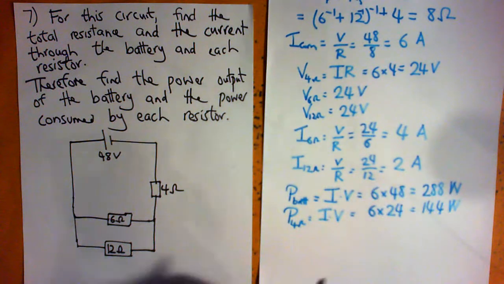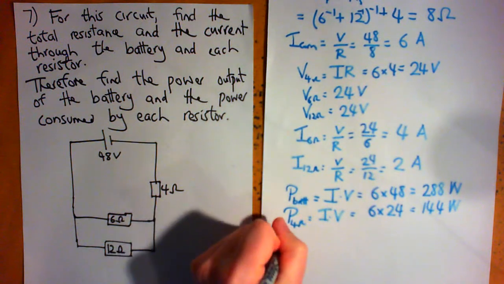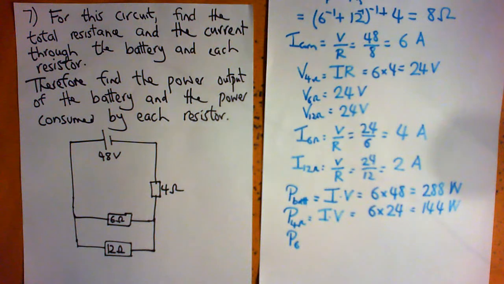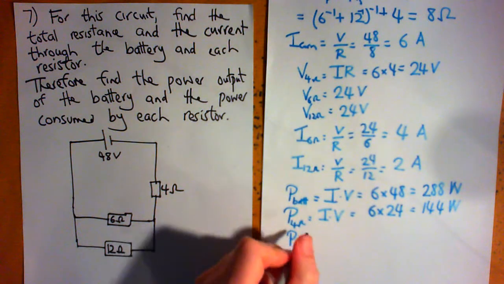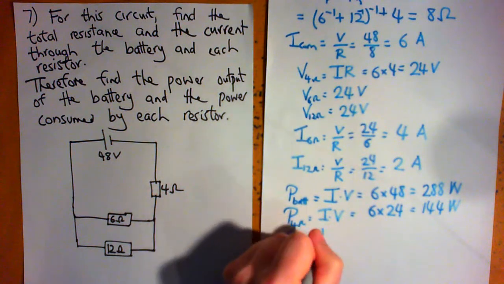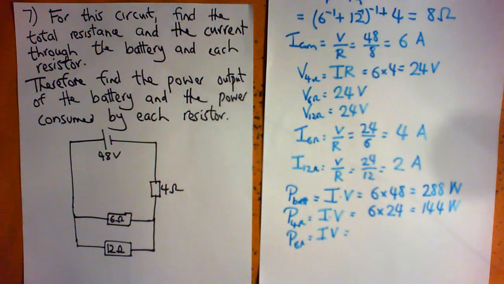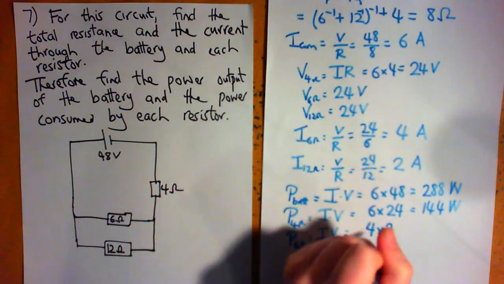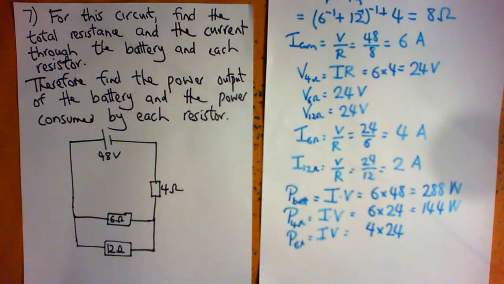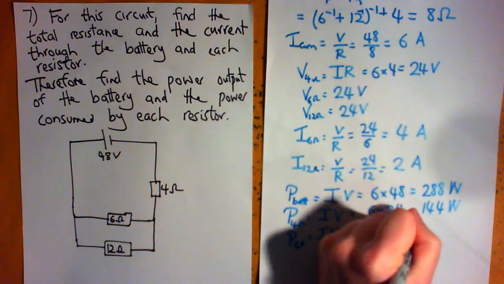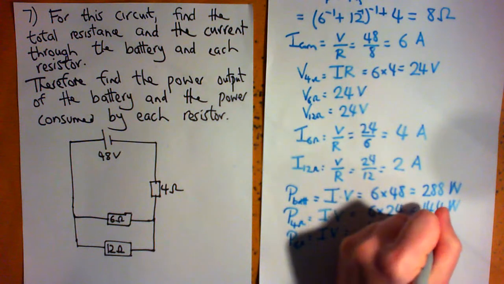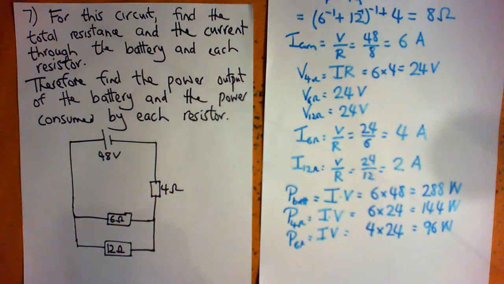giving us 144 watts. And then we need to find the power consumed by each of the 2 resistors in parallel. The power of the 6 ohm resistor is I times V. We've already found that the current through it is 4 amps, multiplied by the voltage across it of 24 volts, and 4 times 24 is 96.